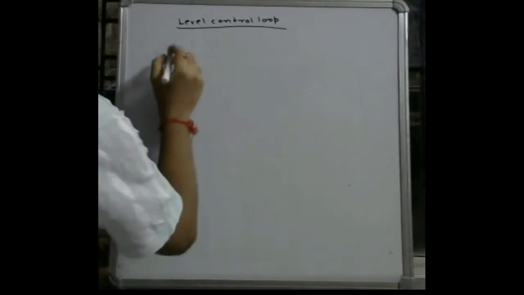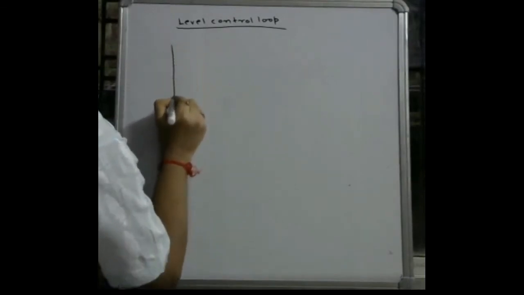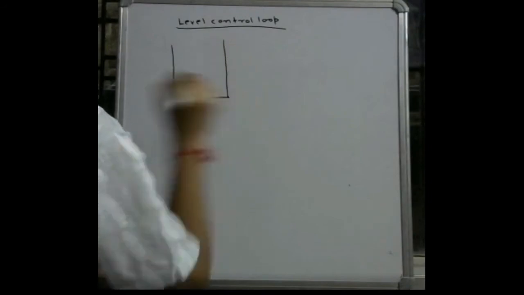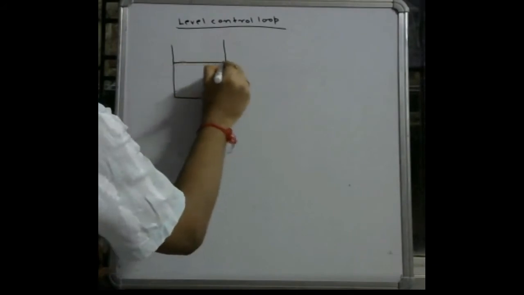Level control. In this case we have a tank. Inside that tank we have some water. The purpose of this system is to control the level of water.